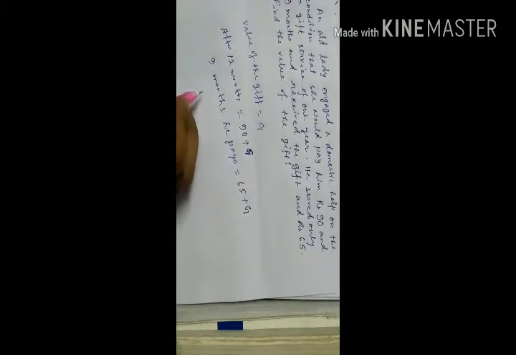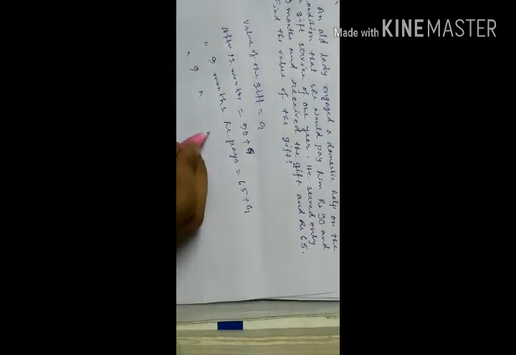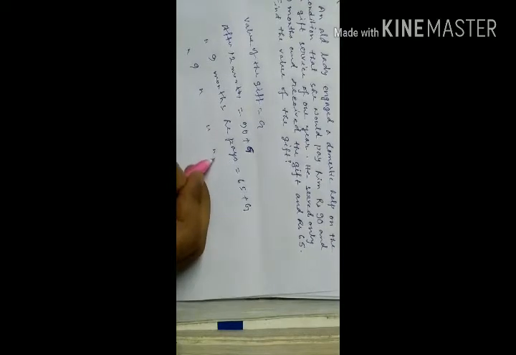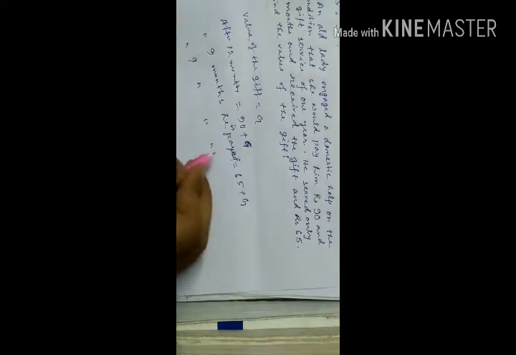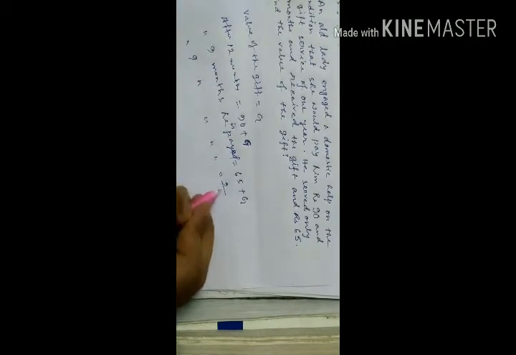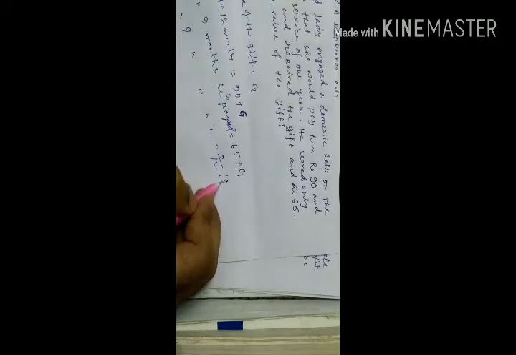Again we can easily find the payment after 9 months in this way: after 9 months his pay is 9 by 12 of (90 plus g).